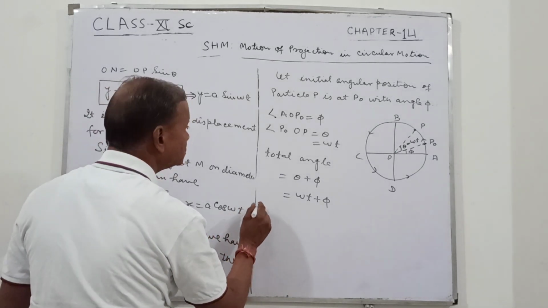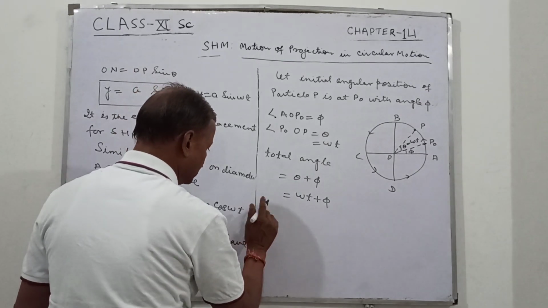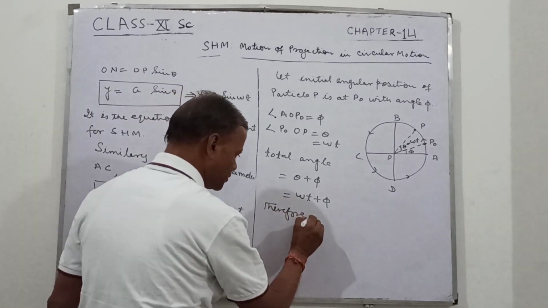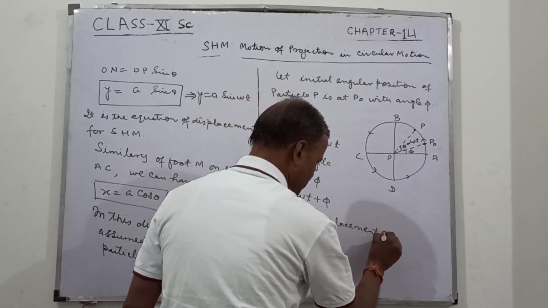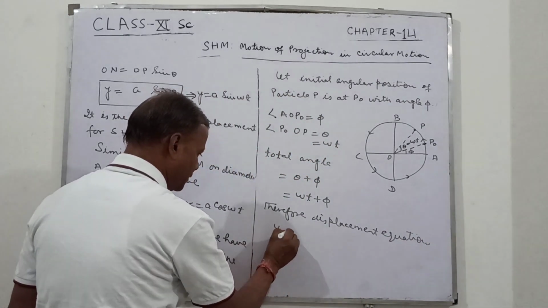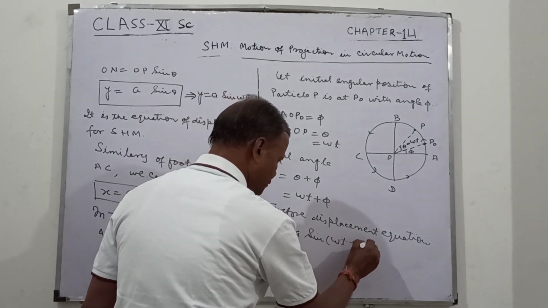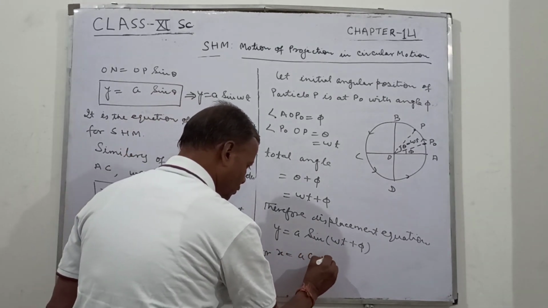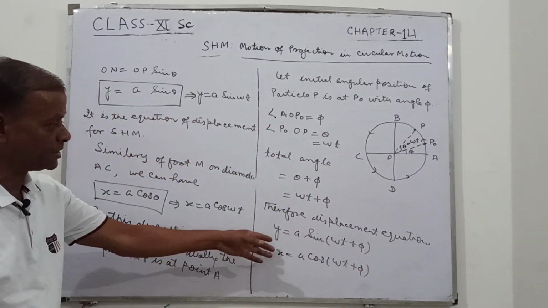Therefore the displacement equations are y equal to a sin(omega t plus phi), or x equal to a cos(omega t plus phi).